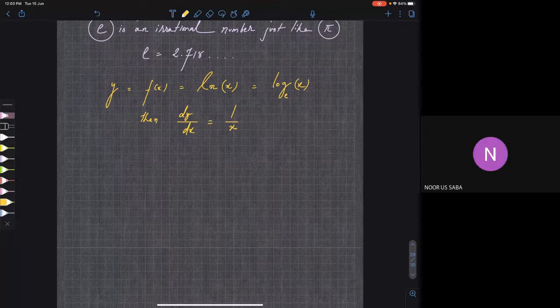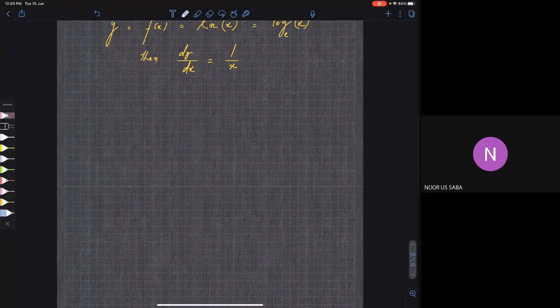Okay, fine. Now, before going into details, there are lots of things to learn. Just keep in mind certain things that are supposed to be kept in mind. For example, what is the derivative of 10?